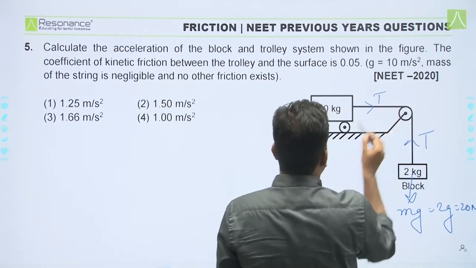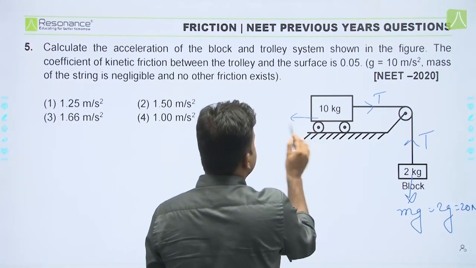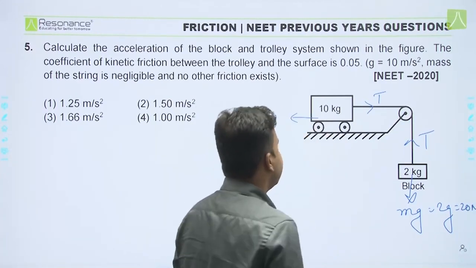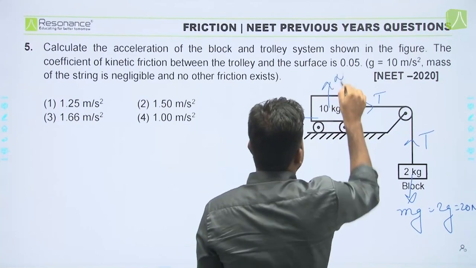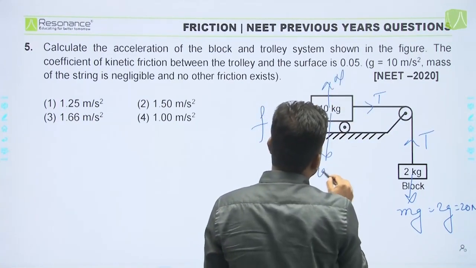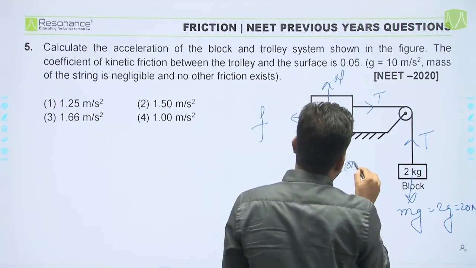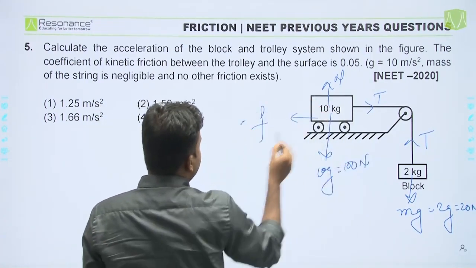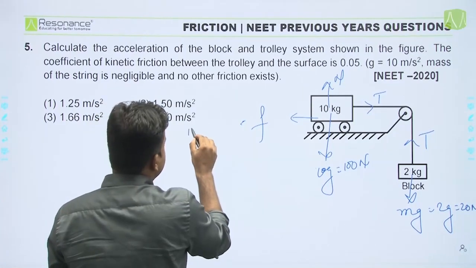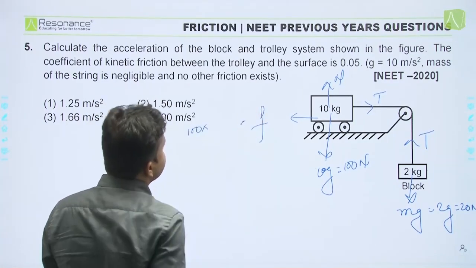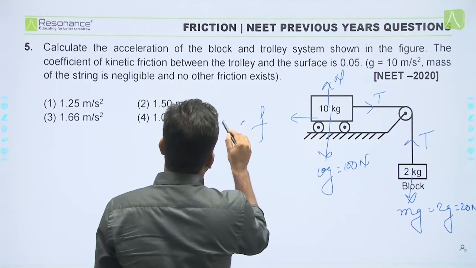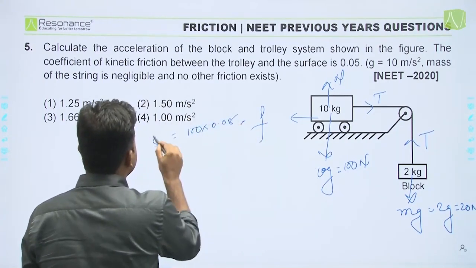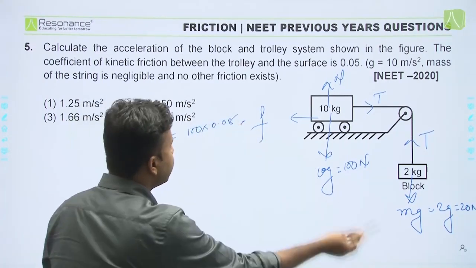The trolley experiences a backward, opposing force, the friction force. Tell me first the normal here. The normal is 10G, and 10G we can write as 100 Newton. Then you can write here 100 into the coefficient of friction, which is given as 0.05, or we can write it as 5 Newton.